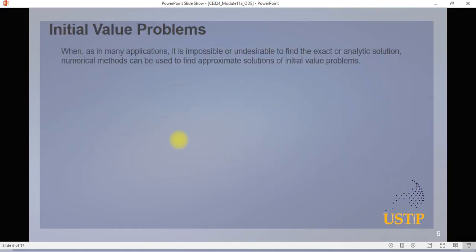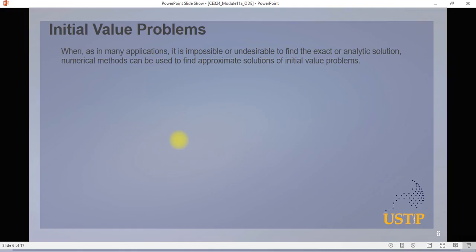Initial value problems: in many applications, it is impossible or undesirable to find the exact or analytic solution. Numerical solutions can be used to find approximate solutions of initial value problems. Even computer programs and internet programs that solve equations, like Symbolab, solve differential equations, but their method is limited to analytical solutions, and analytical solutions are also limited.